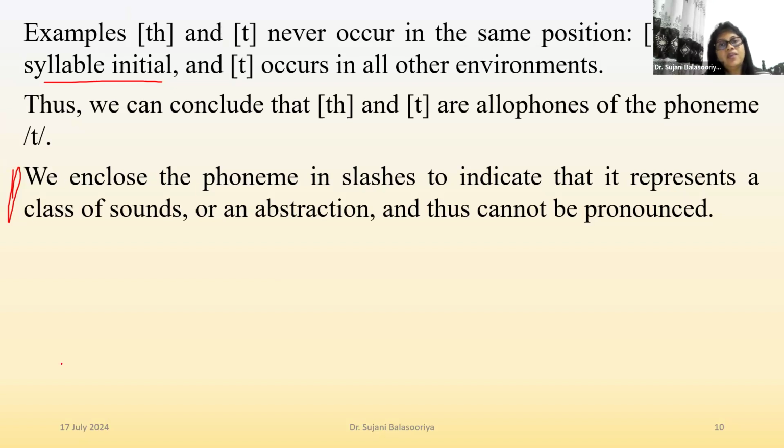Okay, right. Are you all listening? Are you all following these points? Especially the things I was referring to in phoneme and allophone? Yes, ma'am. Okay.